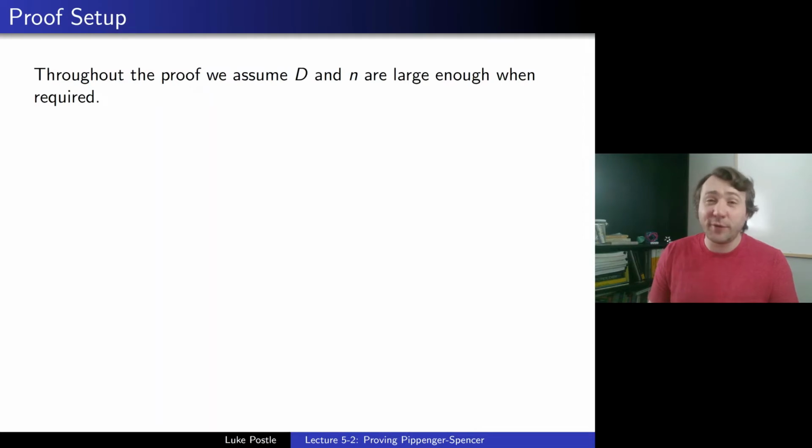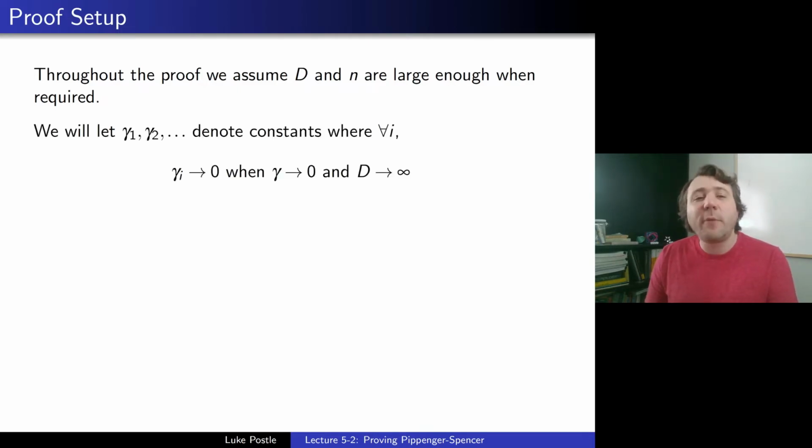Let's talk about the proof setup. Throughout the proof of our iterative lemma, we will assume that D and N are large enough when required, which of course we're allowed to do. And we will let gamma 1, gamma 2, etc. denote constants, where for every I, gamma I will go to 0 when gamma goes to 0 and D goes to infinity. So what was happening here, again, the point is we want an outcome.